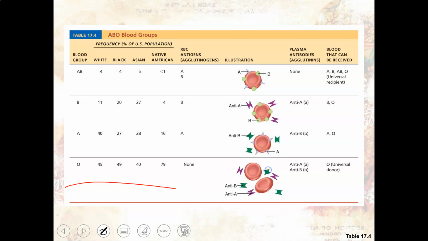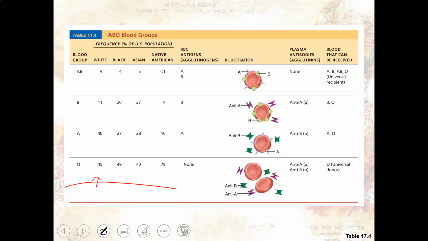And you have antibodies against both A and B. You're not putting up with any of that gang crap. Now, 45% of Caucasians in the United States have type O blood, about half of African Americans, 40% of Asian Americans, and like 80% of Native Americans.